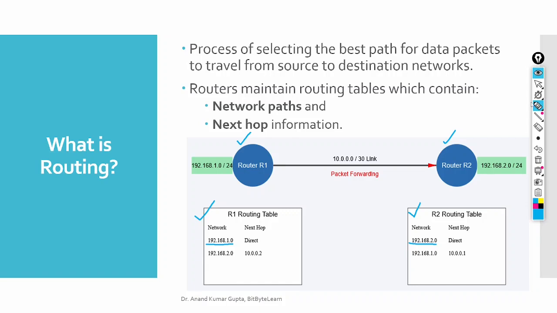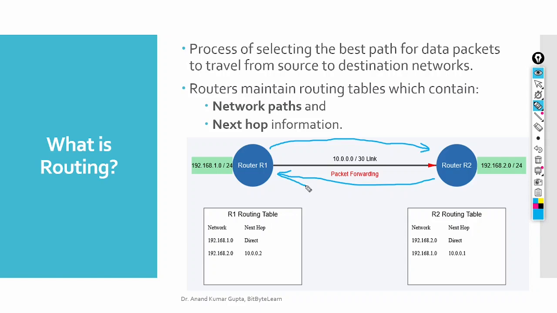So these two routers are maintaining their own routing tables, and when these two routers communicate together, they will exchange the routing tables so that each router knows which networks the neighboring router can connect.